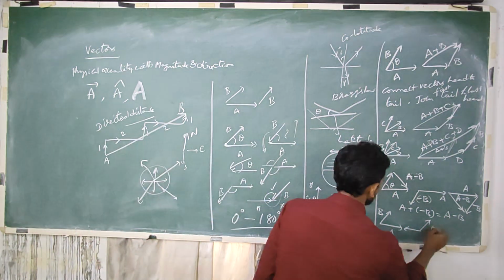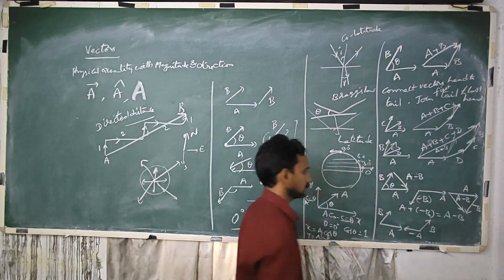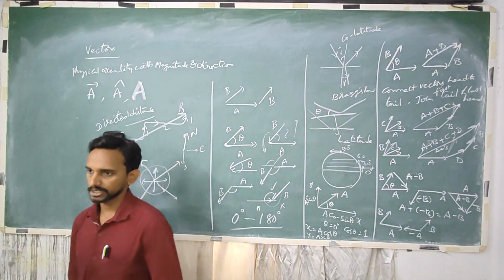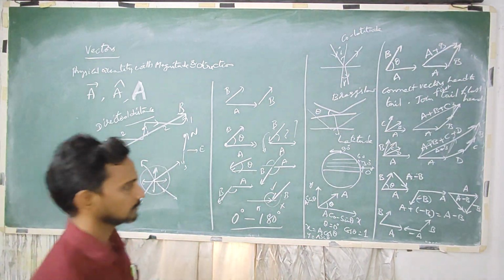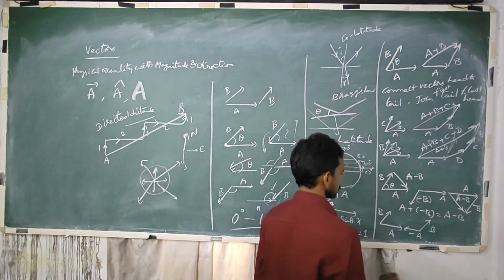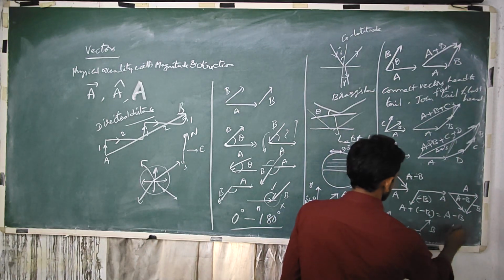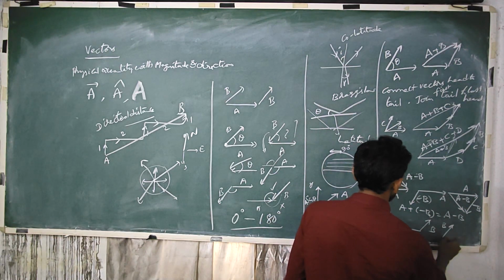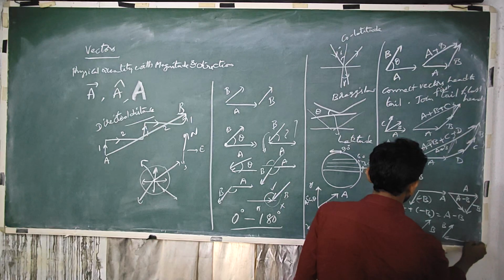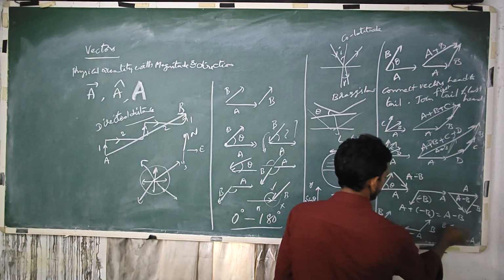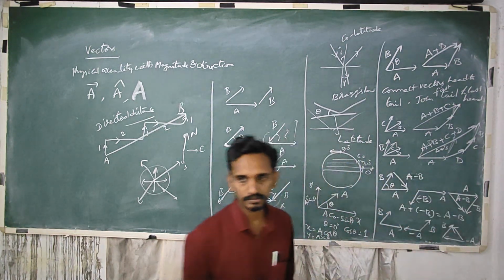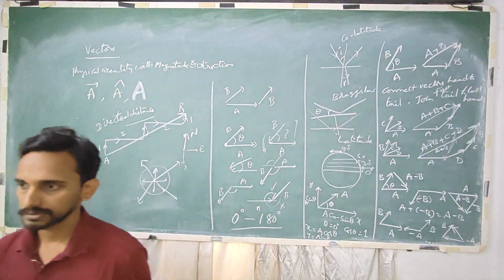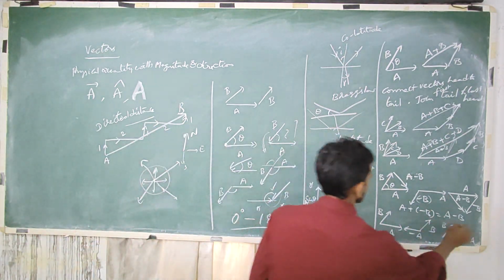So this is b and this is minus a. Then you have to add them. For that you have to join the vector head to tail. So this is b, this is minus a. So that is b minus a.